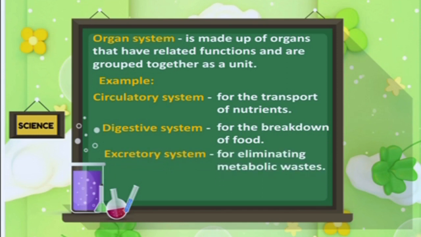Our body has many organ systems, but I have discussed here only three as examples. These organ systems work together for a common goal. If one system fails, other systems will also be affected. Plants are also made up of organ systems.